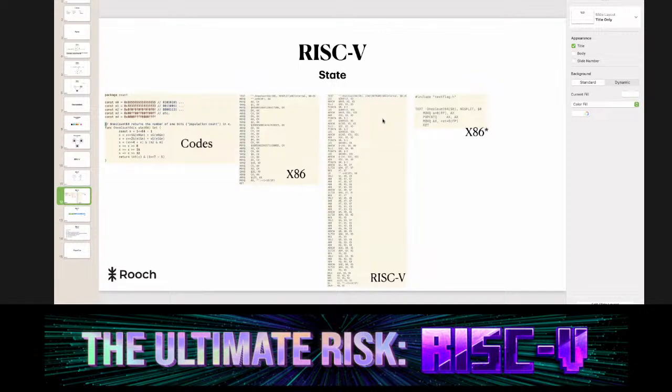And if we compare it to x86, we could see the instructions listed here, and in RISC-V we could see much longer instructions, and we could just use one special instruction, popcount, to do the job.